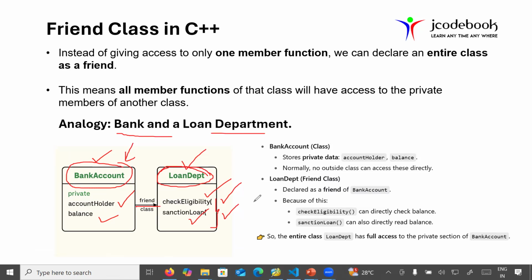Instead of making individual functions a friend of a bank account, we can define an entire class, that is, the loan department is a friend of the bank account class. Now this loan department class has full access to the private sections of the bank account class. So let us extend this example and see how to implement this with the help of a programming example.